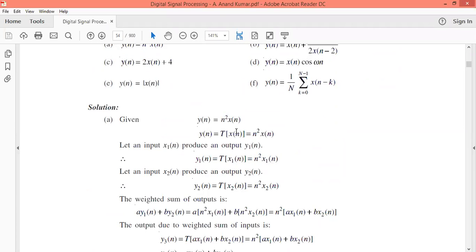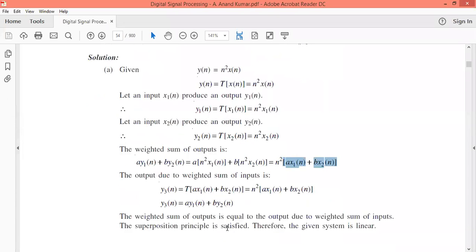Now in the place of x, write x2, so x2(n). The corresponding output we write as y2(n). Then in the place of x we write x3. So what is x3 now? x3 is a x1 plus b x2. Write this output as y3.